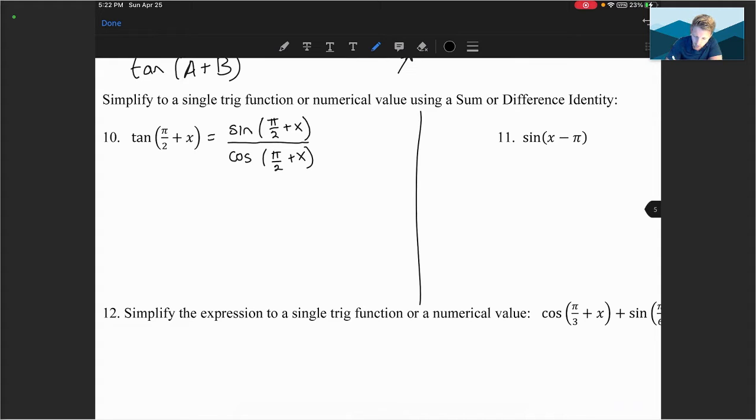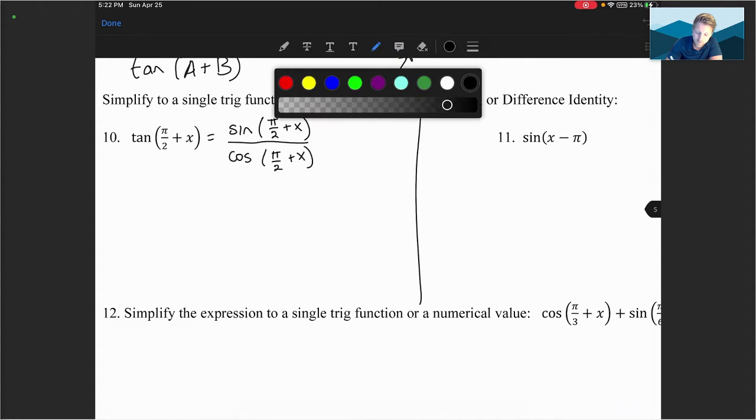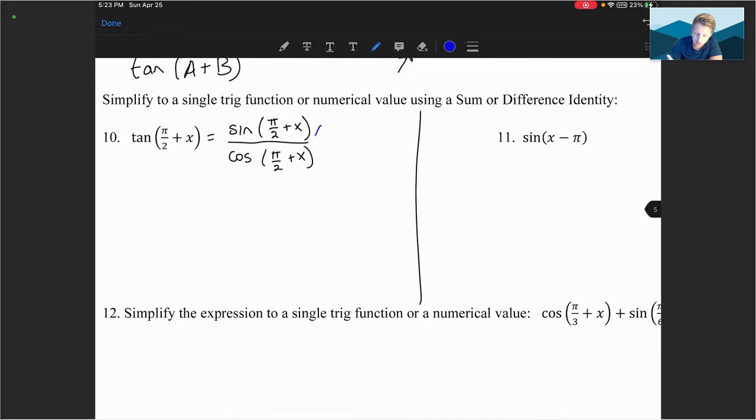If I wanted to rewrite this identity in the numerator, the sine identity, we can rewrite as the sine of, we'll just call it angle A, cosine of B, and then plus cosine of A, sine of B. So that would be our identity for the sum sine A plus B.